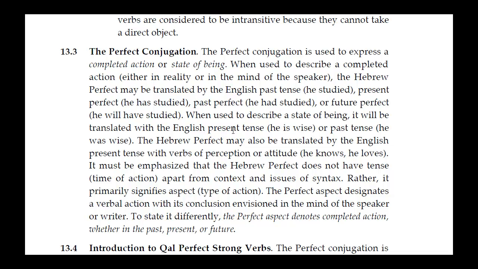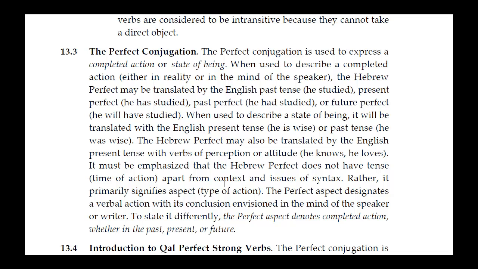The Hebrew perfect may also be translated by the English present tense with verbs of perception or attitude, like he knows or he loves. It must be emphasized that the Hebrew perfect does not have tense, which is time of action, apart from context or issues of syntax. Basically, the context and the syntax of the sentence will determine the tense of that verb.